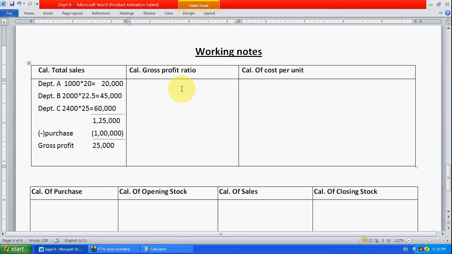For this purpose, we have to write the formula first.